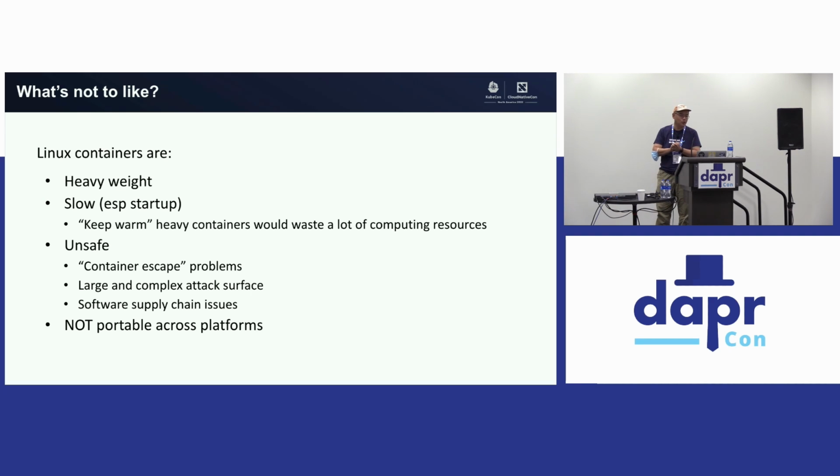And the third issue, of course, is that there are safety issues with containers that have become more and more apparent. Not only is there container escape, you need tools like gVisor and things like that in order to make it more secure. But the container runs a fully fledged operating system. It has a large and complex attack surface, and if you expose it to the network, it could have a lot of problems.